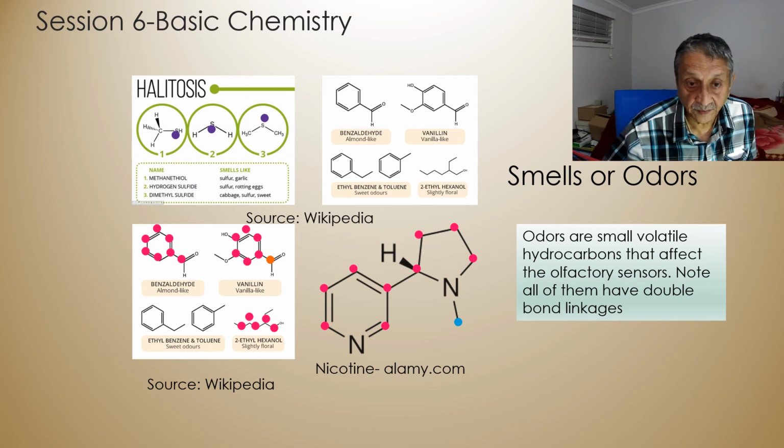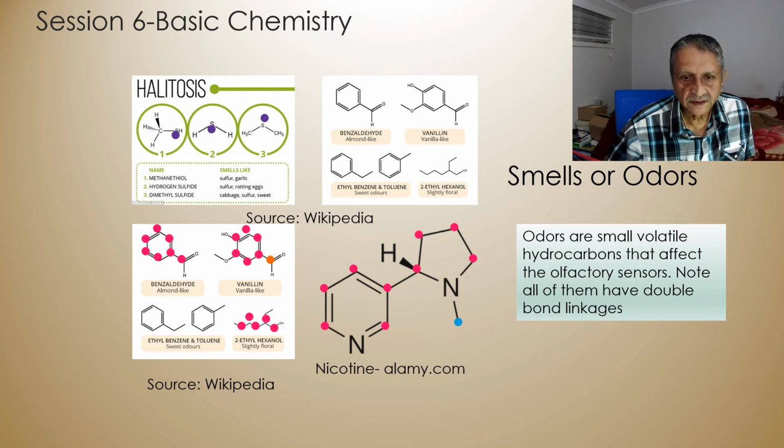The way you call that aromatic is because you get some smell on it, and they are like benzaldehydes, vanillin, ethyl benzene, toluene, ethyl hexanol, etc. Benzaldehyde, vanillin gives you some pleasant smell. Ethyl benzene, toluene also does give a good smell, and ethyl hexanol is a floral smell.